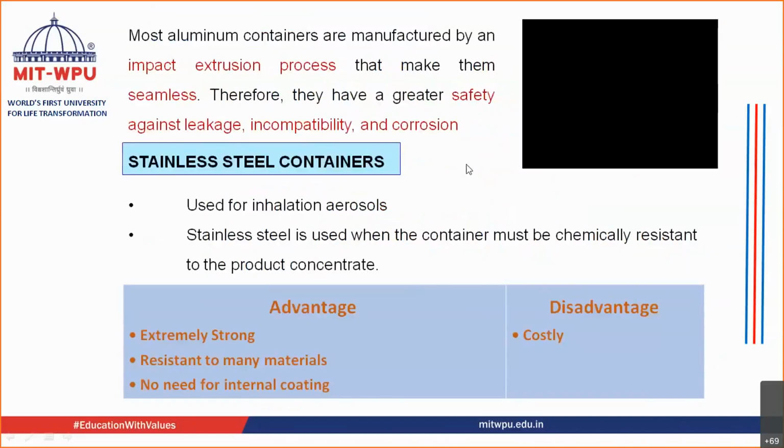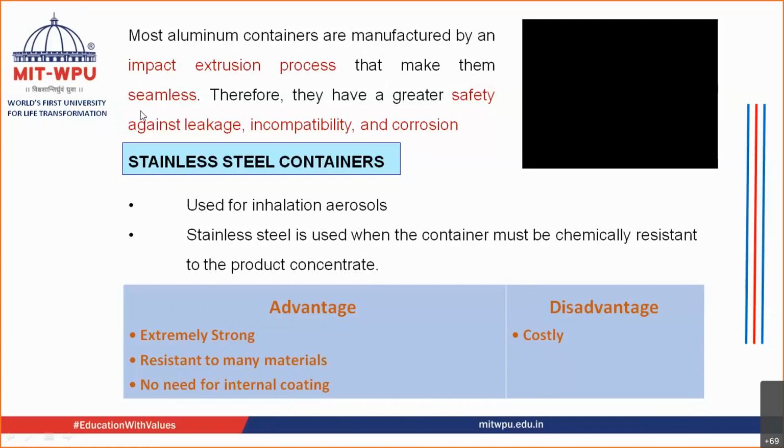Going ahead with your aluminum container. Now these aluminum containers are basically manufactured by the impact extrusion process. Whereas if you have seen your tin plated steel containers, they were cut into three parts: the body, the top, and the bottom. These three parts were joined, and hence they had a seam, a joining.